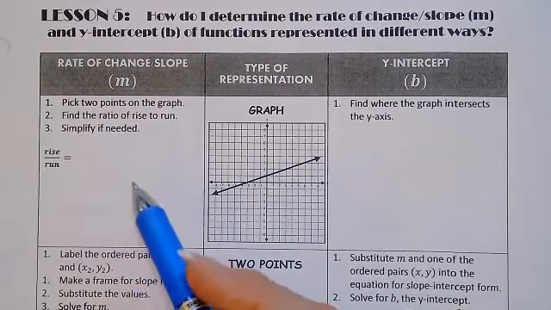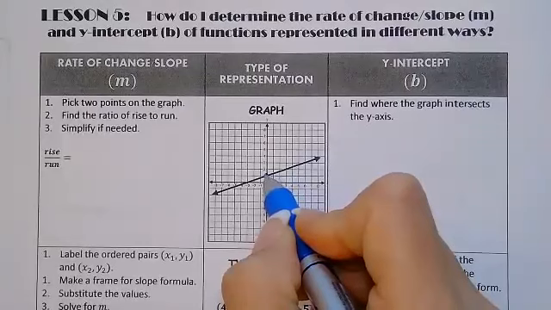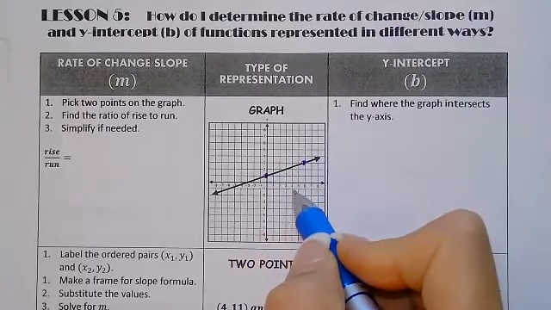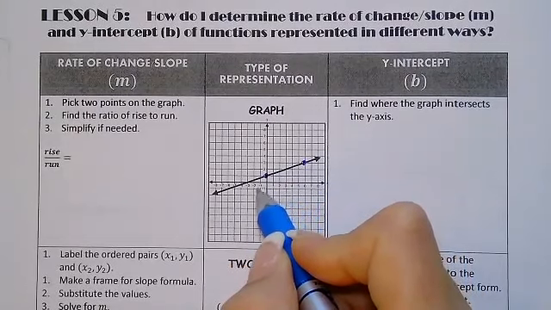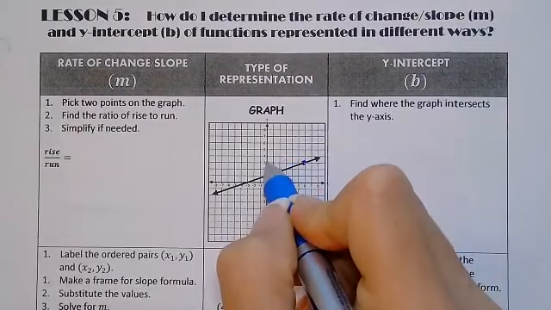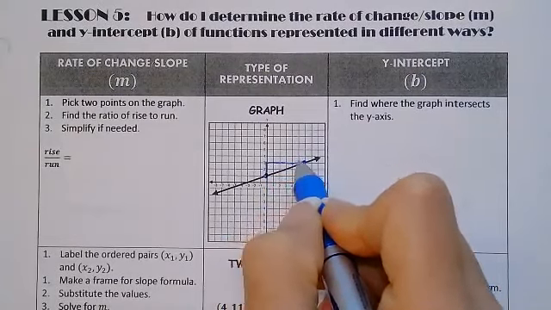So I'm going to choose this point right here and this point right here. So now I'm going to find the ratio of rise to run. To get to this point, let me draw this.